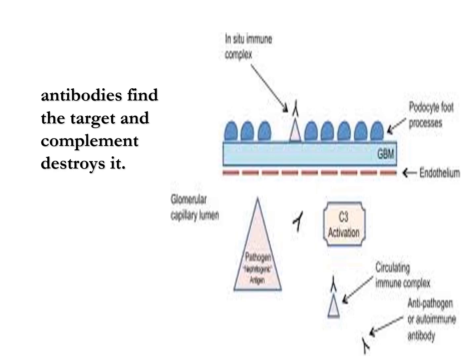We see here that antibodies that are formed in the body find the target on the glomerular basement membrane, with the complement, especially the alternative pathway, C3 activation, which can destroy the glomerular basement membrane, causing damage to the kidneys. So if a microorganism enters and causes an infection, for example in the tonsils or skin, like the nephritogenic strain M type of streptococci, after a period antibodies are formed. The antibodies come with the complement to the glomerular basement membrane and cause damage to it by activation of the inflammatory cascade.